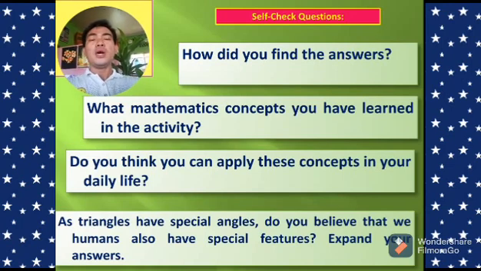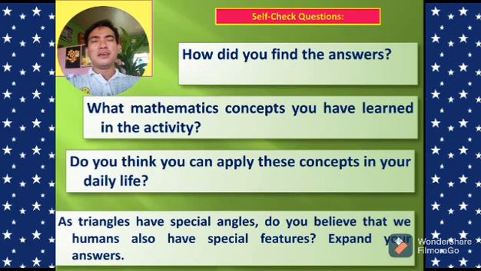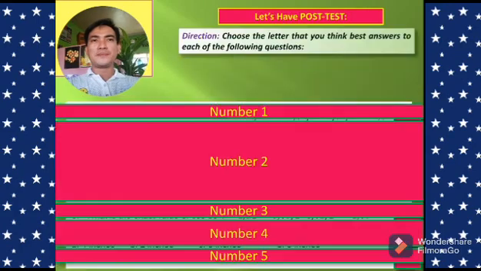In such a way, we have different special talents in life. Just like you in SPA. You can draw, you can paint, you can dance, you can sing, which I cannot do. Others can do too. So, we all have special features. Okay, so just always remember, we are all unique in our own little way.